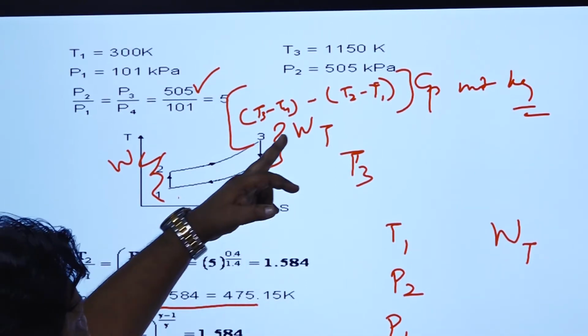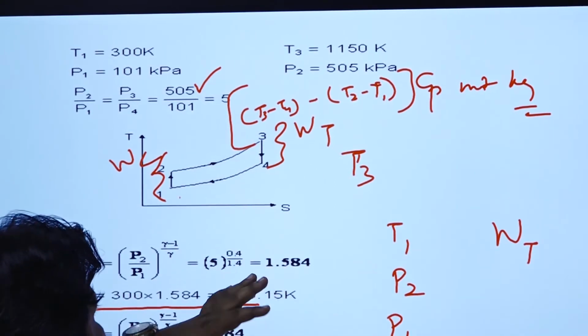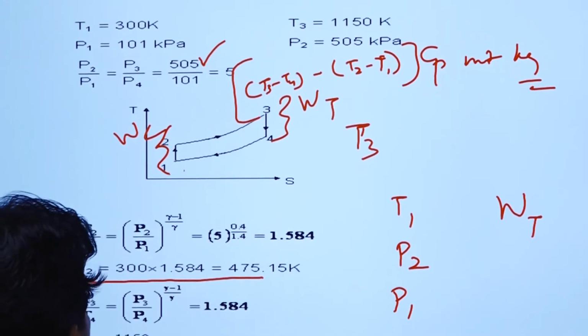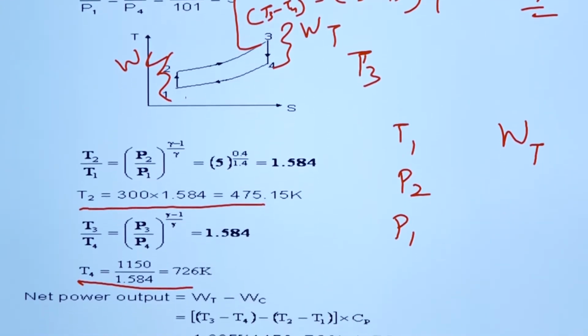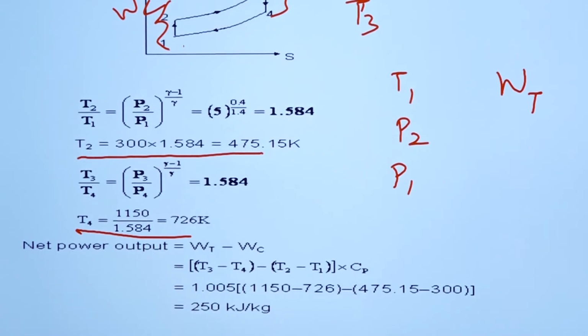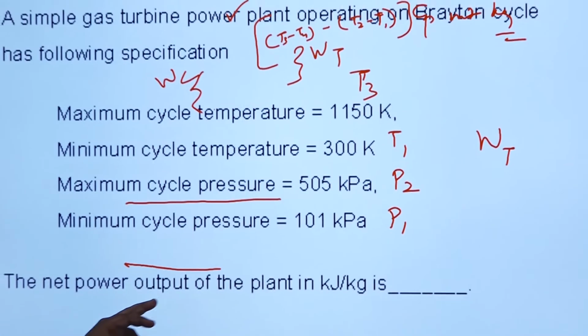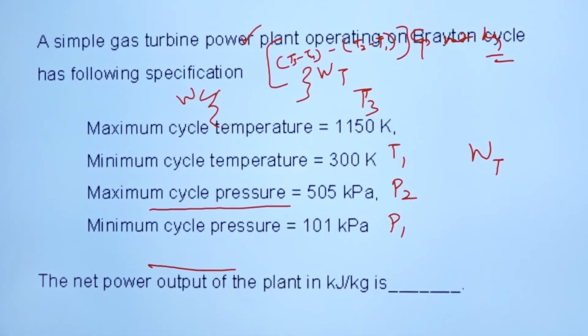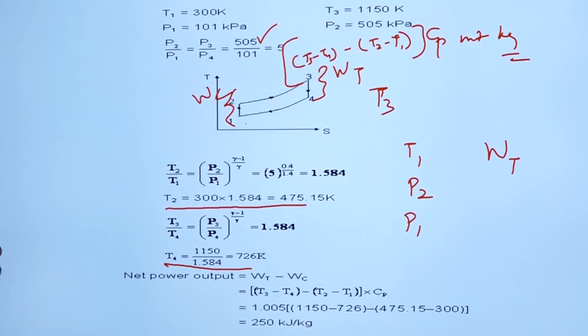So T3, T4, T2, T1, everything is known to you, so you can easily find the value. That is around 250. So the net power output of the plant is 250 kilojoule per kilogram.